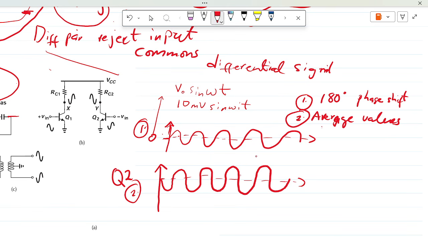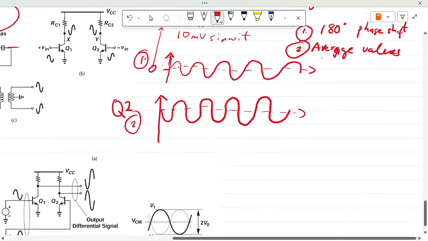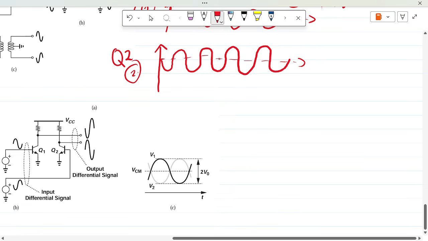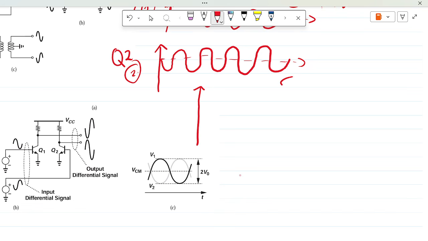But what if, as we are already used to, the microphone is connected directly to the transistor? We wouldn't have enough voltage to bias the transistor.